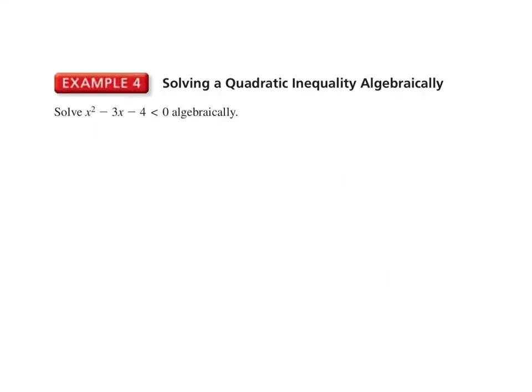Okay, so next we're going to be solving quadratic inequalities algebraically. So when we see an inequality like this, that is greater than or equal to or less than or equal to 0, we change that inequality to equal 0 and we solve. So we have x squared minus 3x minus 4 is equal to 0.